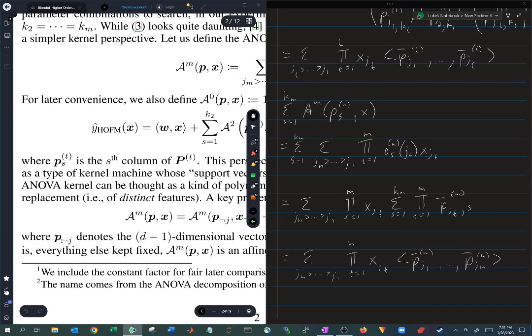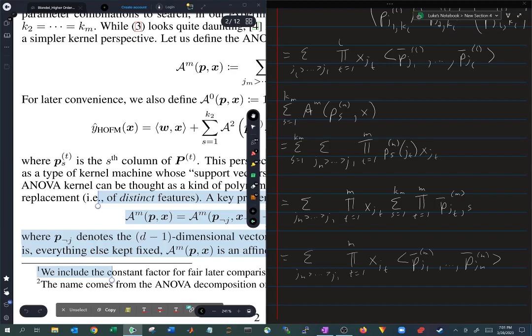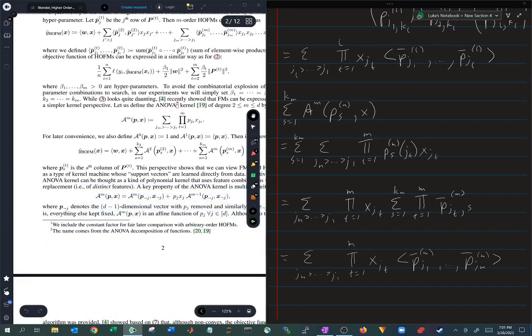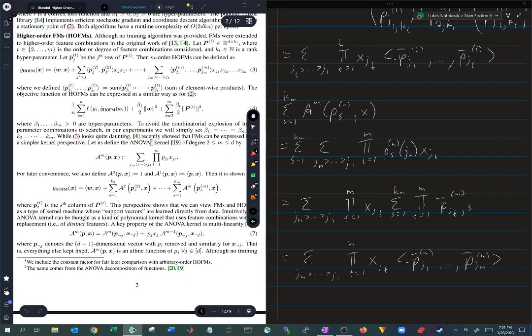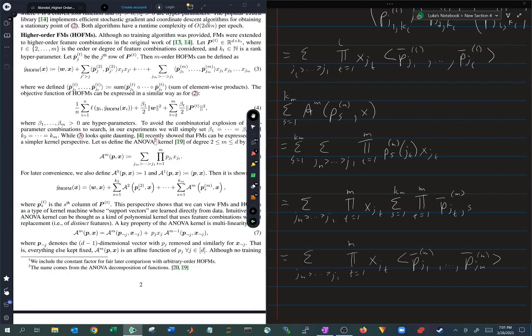So P not J denotes the d minus 1 dimensional vector P with entry Pj removed. So basically you're taking this vector and removing the jth entry. So it's everything in P that is not the jth entry, and so this notation makes great sense.